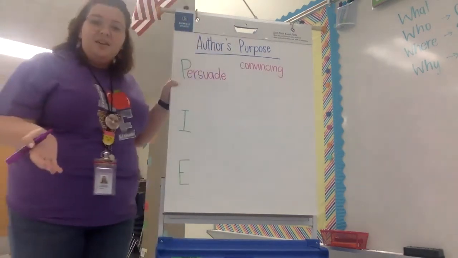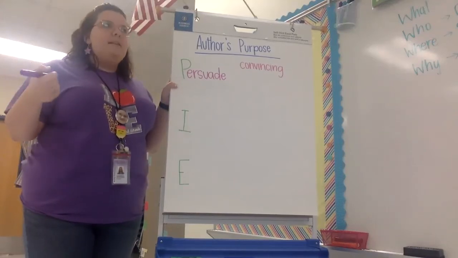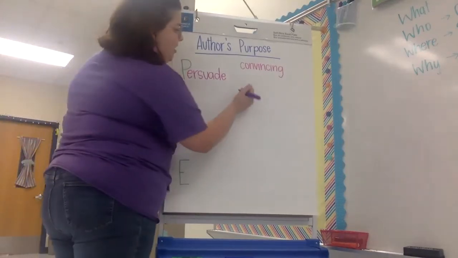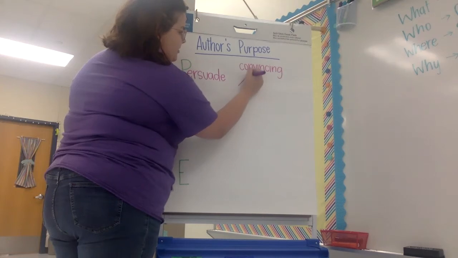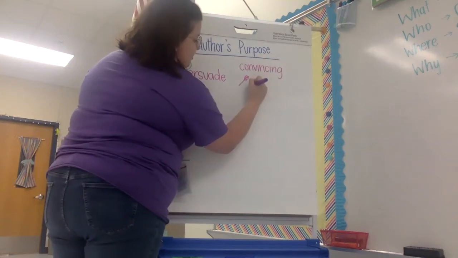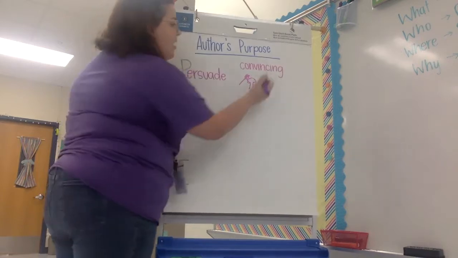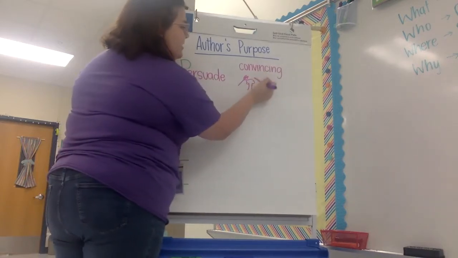So the author wants to convince you to do something. Maybe they want to convince you to eat all your vegetables. That's some asparagus, some broccoli, which look just like trees. We have asparagus, we have broccoli, maybe some green beans.